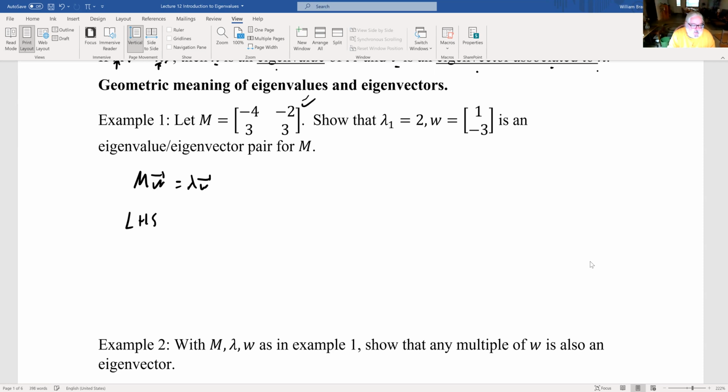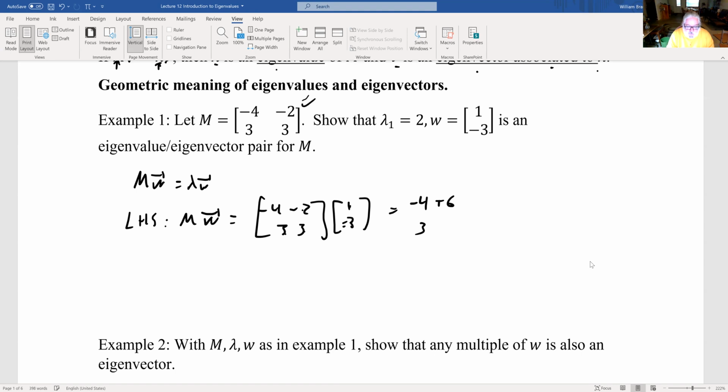So the left-hand side is M times W, which is [-4 -2; 3 3] times [1; -3]. So it'd be -4 times 1, which is -4, -2 times -3 is 6, 3 times 1 is 3, 3 times -3 is -9.